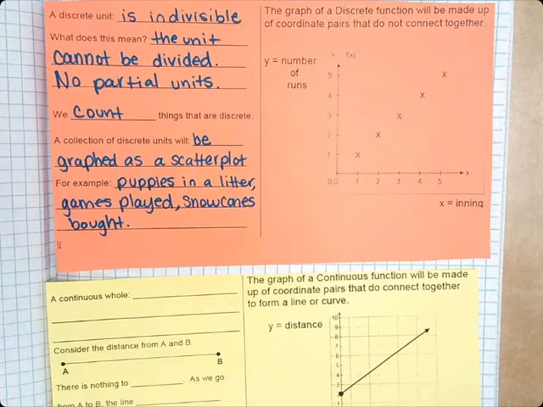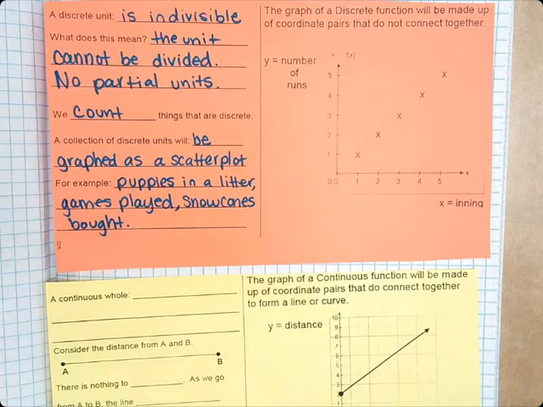That wouldn't make sense, right? They counted how many snow cones they had and then charged the Booster Club for that. So you can't say you got 120.2 snow cones. Doesn't make sense. So you've got to think about, does it make sense as partial pieces, or is it just whole numbers, no partials?